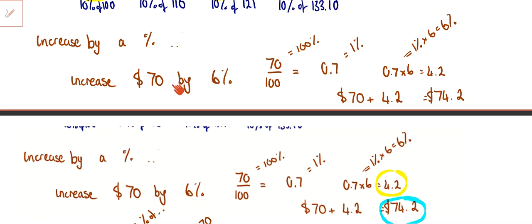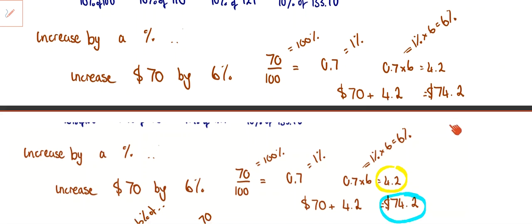And then we went through how you add 10% on to something. In this case, I said, here's a different example: increase 70 by 6%. And I asked you how to do that. The first method, which is the normal one, is to work out what 1% is, times it by 6, work out what 6% is, add it on, and you get the increase.